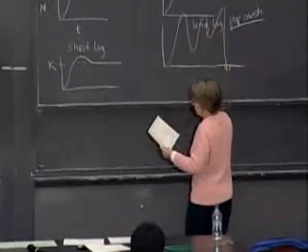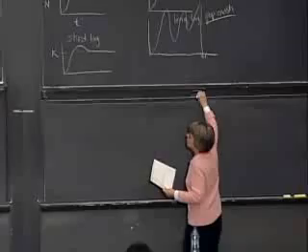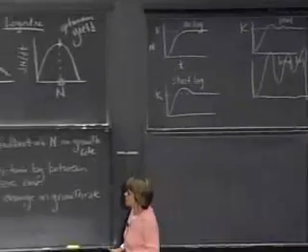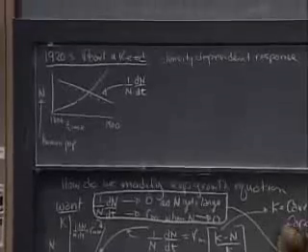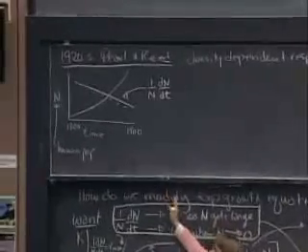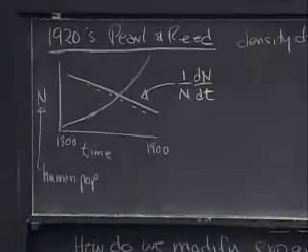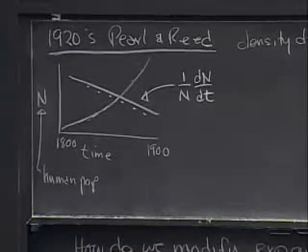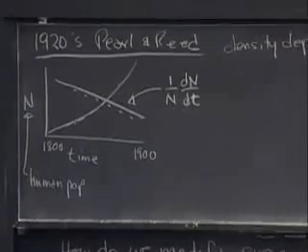Okay. So let's go back to Pearl and Reed. Where did they go? Oh, they're up there. Okay. So this was all a digression. Pearl and Reed were looking at the human population data and trying to model it. And they showed that they had this density-dependent response.